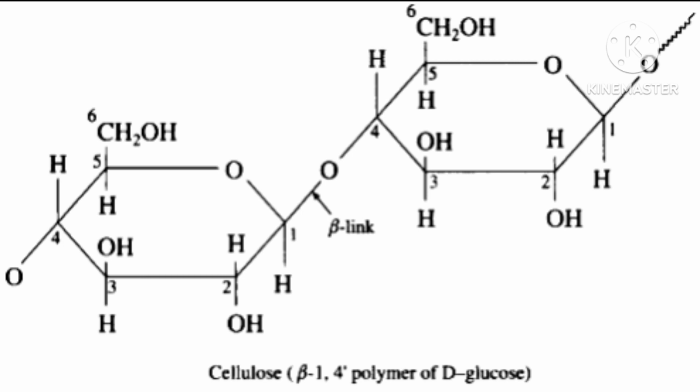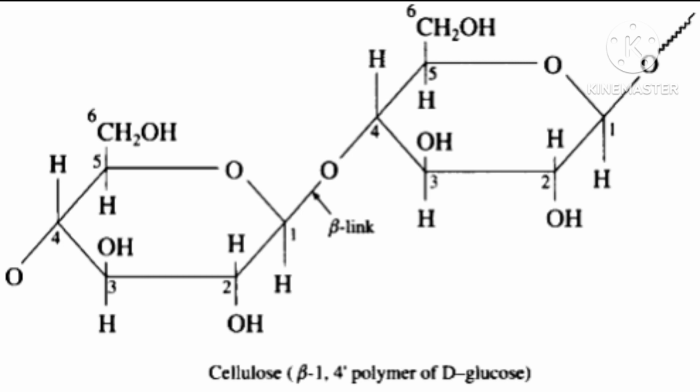Cellulose is a straight chain, but linkage is beta links. In amylopectin there was alpha link. Whatever I discussed, all the glycosidic linkage, that was the alpha link. Now here it will be beta link. Then beta link means what?